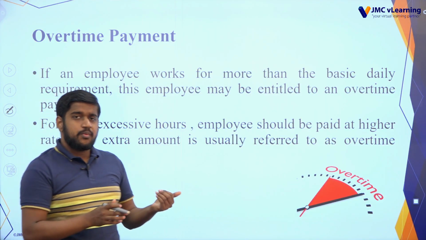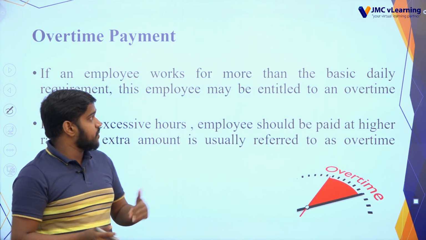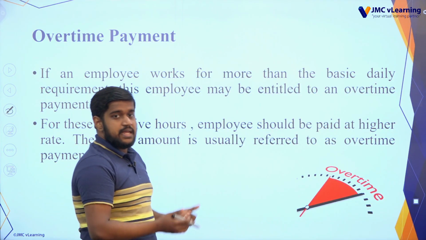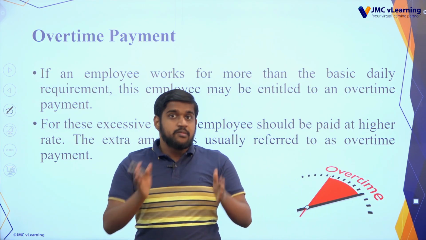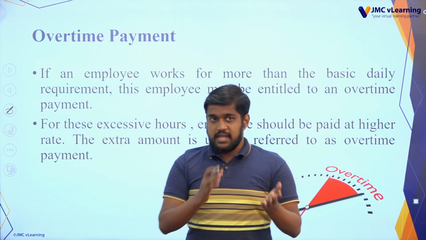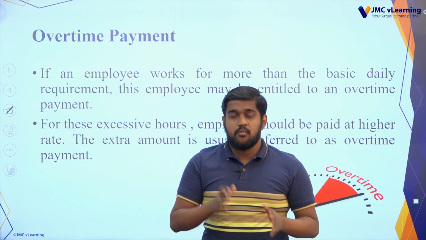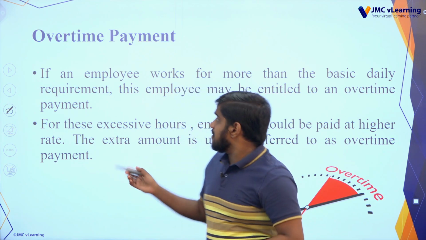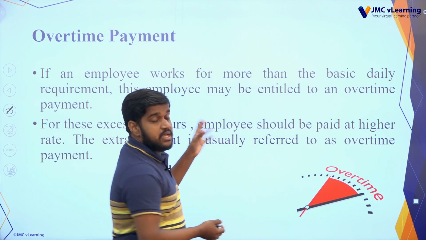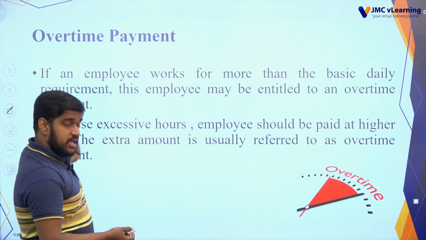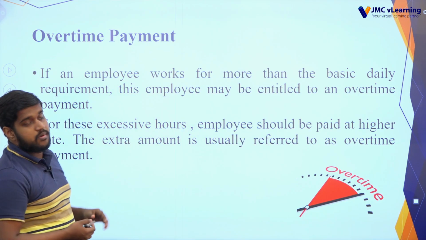Like this, most organizations establish some kind of minimum daily or weekly requirement. If some employee works more than this requirement, then this employee is eligible to get overtime payment.